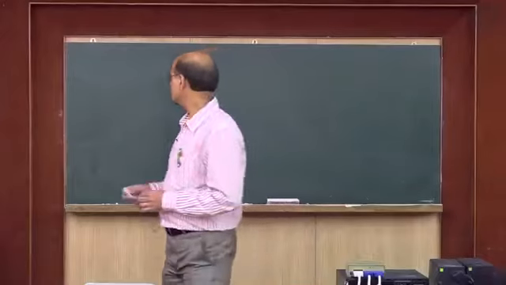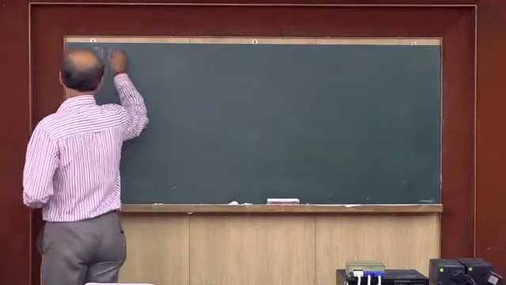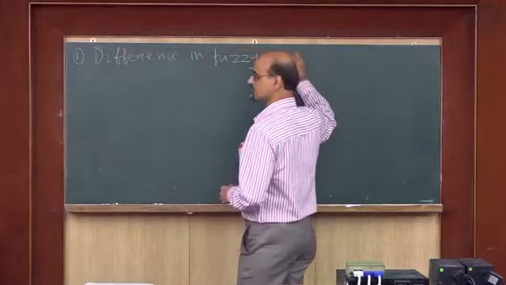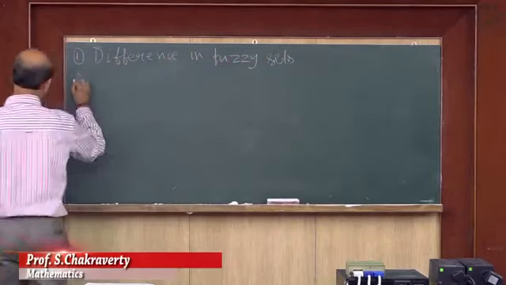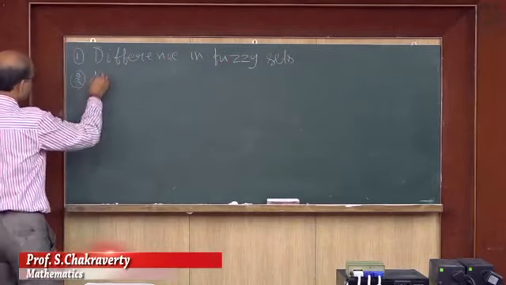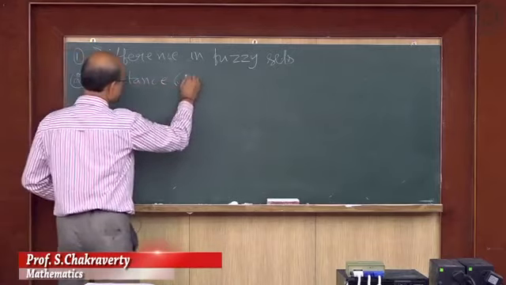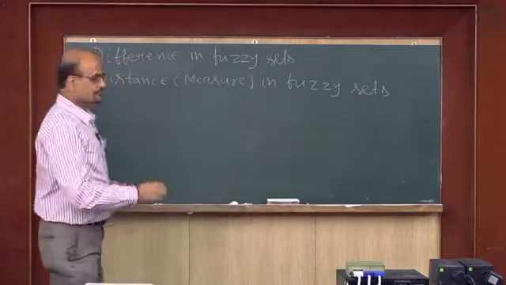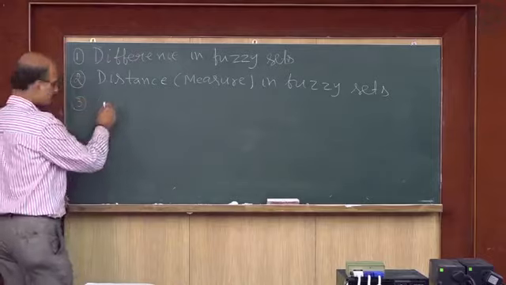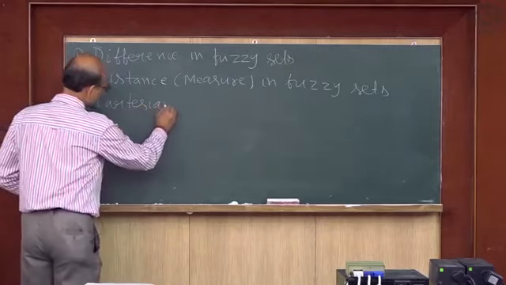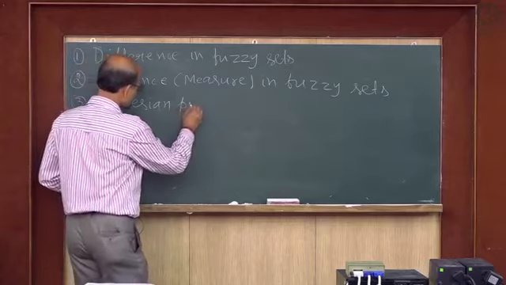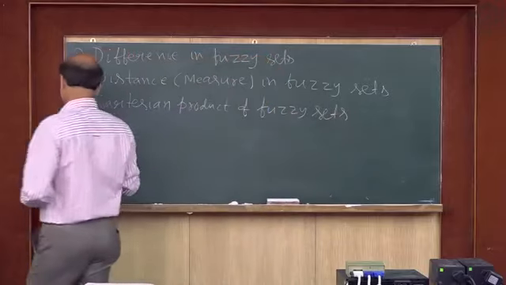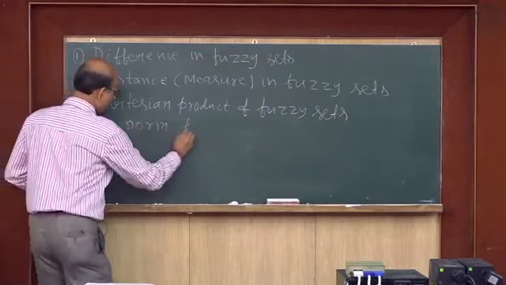So, today we will do first is difference in fuzzy sets, second we will do distance or measure in fuzzy sets, third is Cartesian product that we know for crisp set, Cartesian product of fuzzy sets, and lastly we will do t-norm and t-conorms.